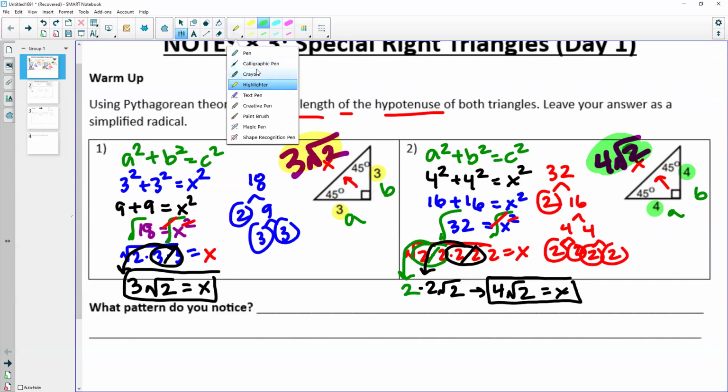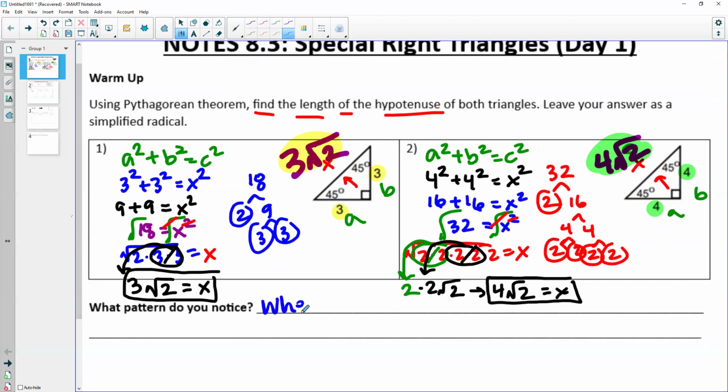Okay. The pattern that you guys are hopefully realizing here is when the legs are congruent. So remember, our legs are A and B in this case. When the legs are congruent, then what we're noticing here is that the hypotenuse is going to be the leg length, which in this case is 3, multiplied by the square root of 2.